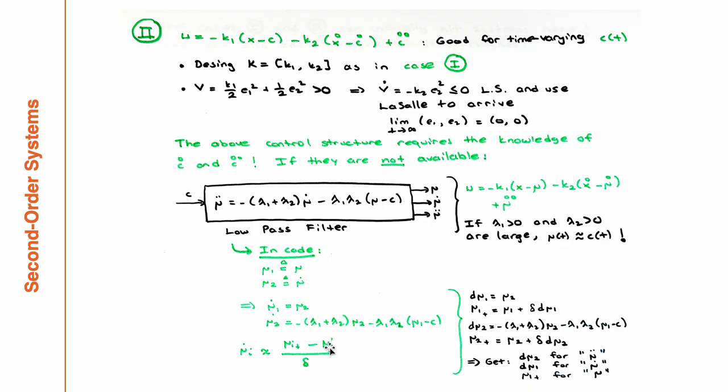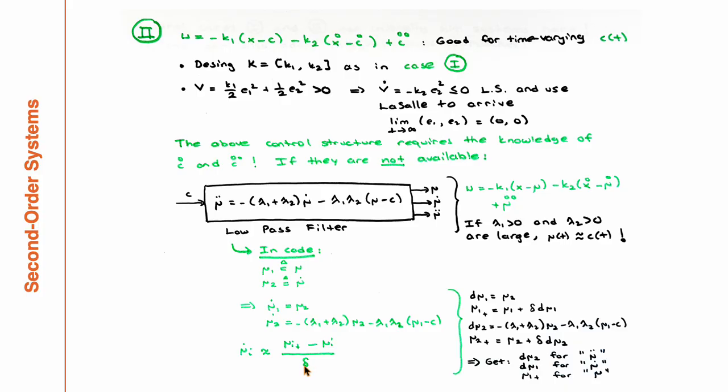And here, one more time, in code, you are not going to use these continuous time equations. You are going to approximate using several methods. Here, I am using first order Euler approximation for each i, mu i 1 and 2: the new value of mu minus the previous value divided by delta. This delta is related to the implementation frequency of your microprocessor or processor.